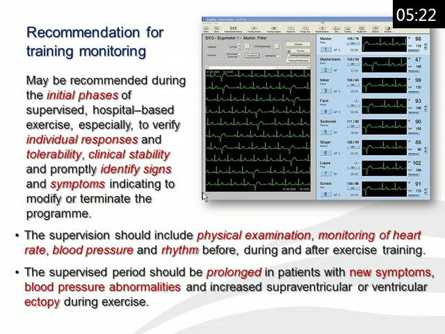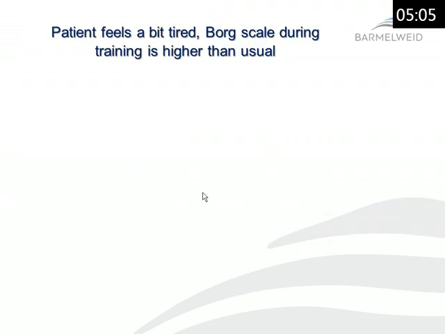ECG is one, but what is sure is that you have to look at your patient's physical examination. Blood pressure response and the heart rhythm are very important points to look at when you have your patients during exercise. This is an example of a patient who is starting exercise. He feels a little bit more tired than the last days.